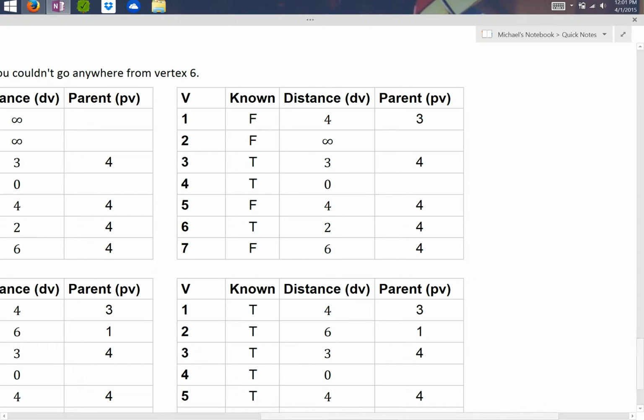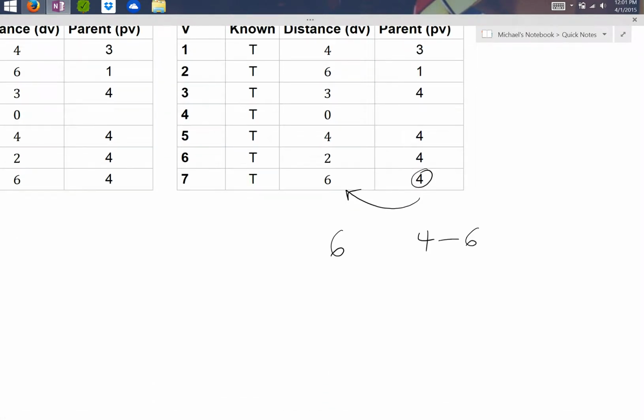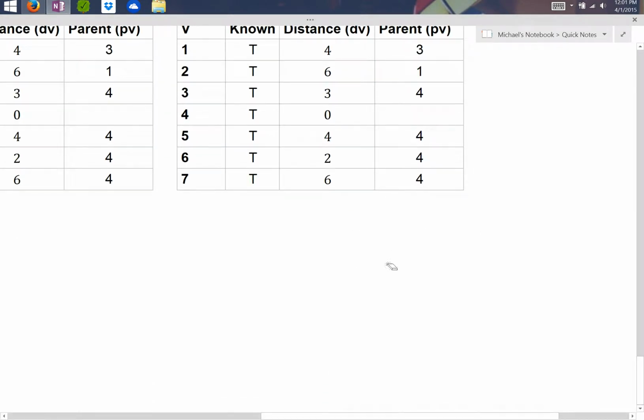So another example would be trying to get to 2. We can get to 2 with a cost of 6. We start at 1, and then we look from 1, and we know we have to go to 3. And from 3, we go to 4.